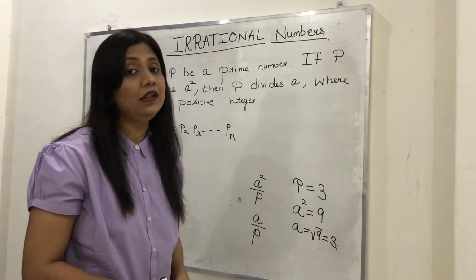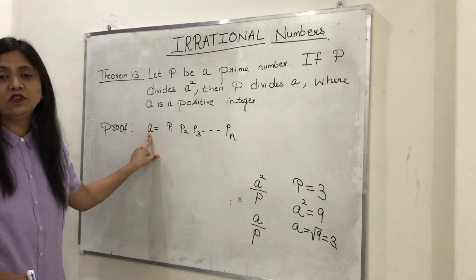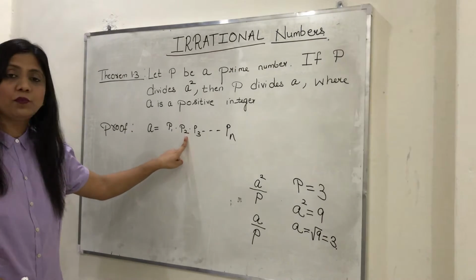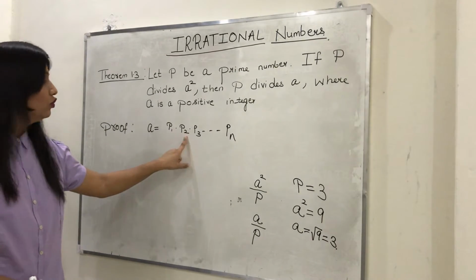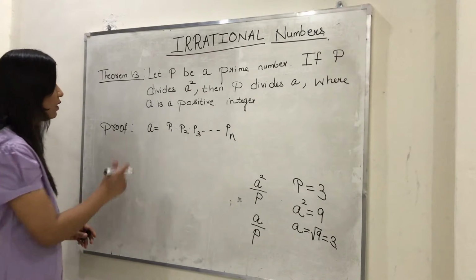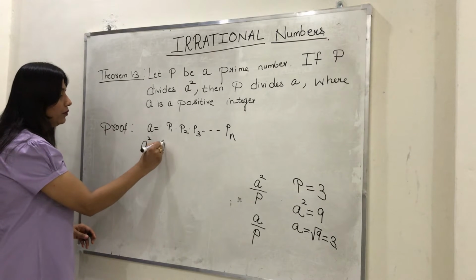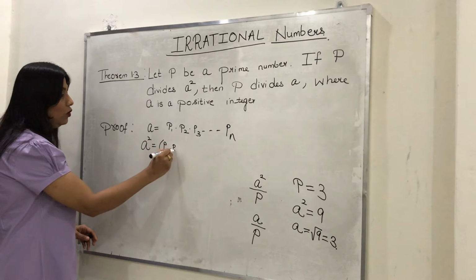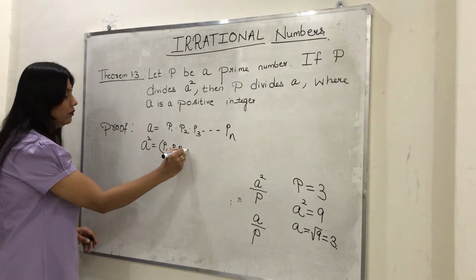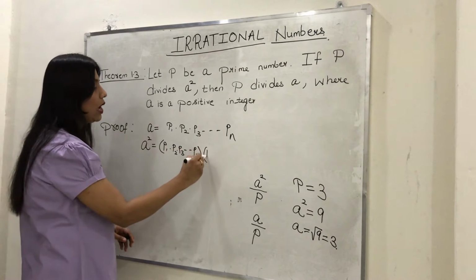According to the fundamental theorem of arithmetic, any composite number can be written as a product of prime numbers. So if a is having these many prime numbers, what is a square? Your a square will be p1 dot p2 dot p3 up to pn, and since it is a square, it will come twice.